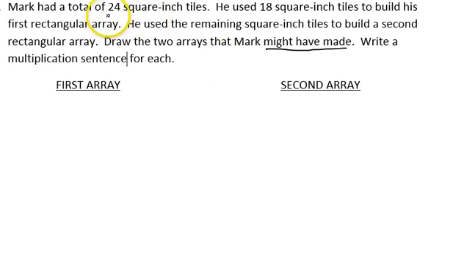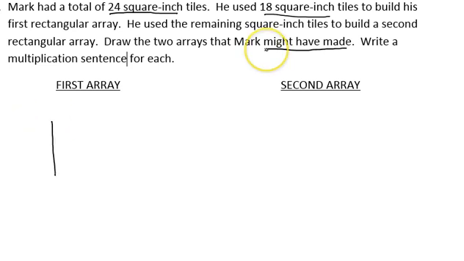Well, we know he started with 24 square inch tiles, and he used 18 for the first rectangle. That means I need to think of a rectangle, a series of rows and columns, that uses 18 square inch tiles. I'm going to think of my multiplication facts. I know that 3 times 6 is 18.